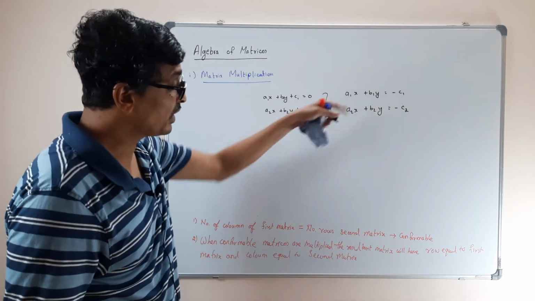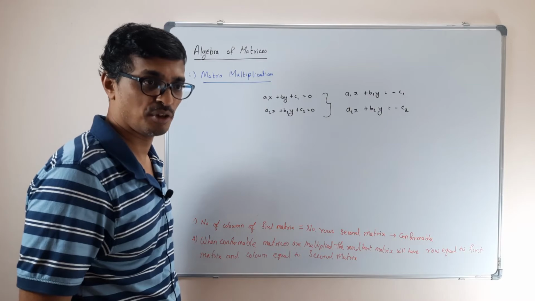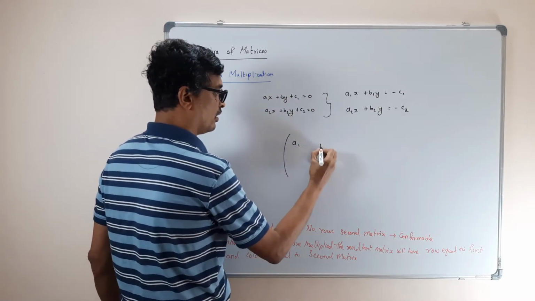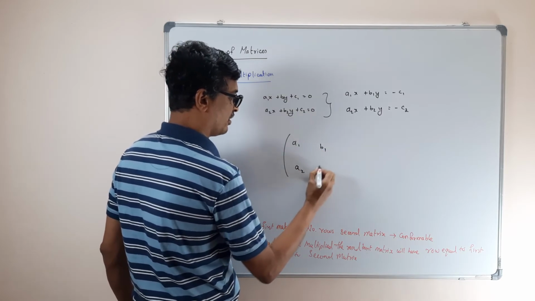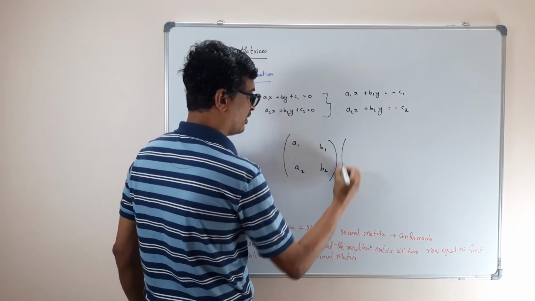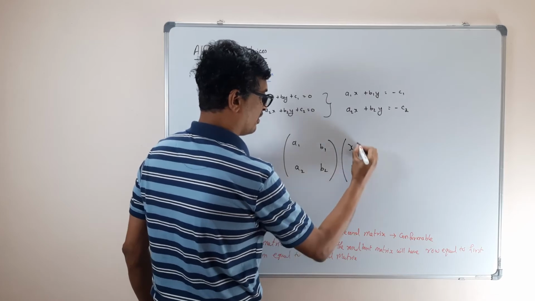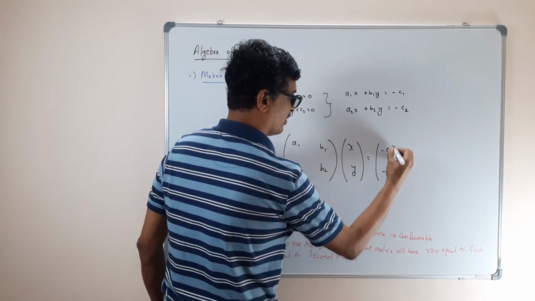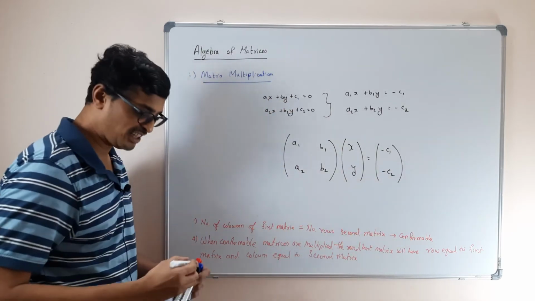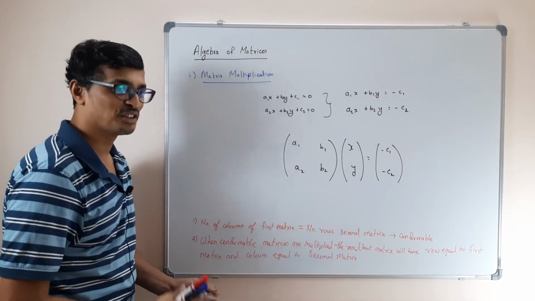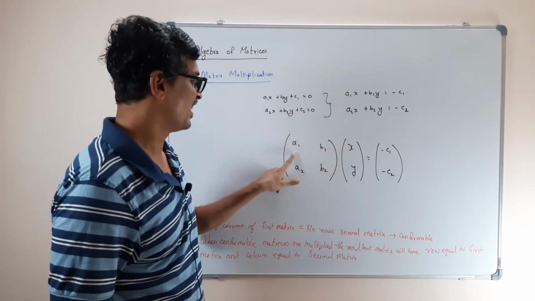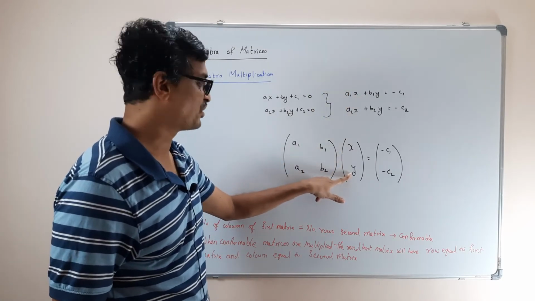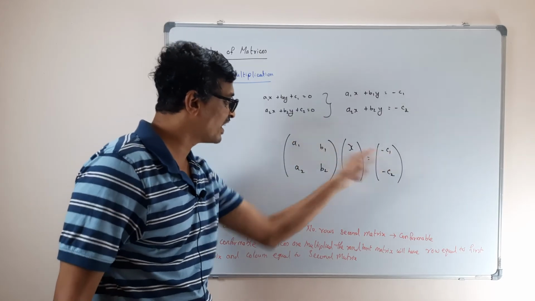Now you can actually write this equation as a matrix. You want to see how? So this matrix contains 2 equations. a1x plus b1y should be equal to, because when I equate, element by element should be equal.